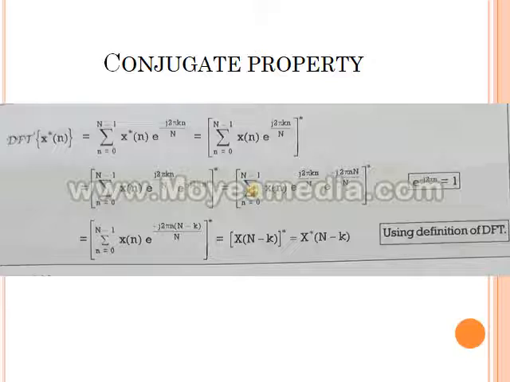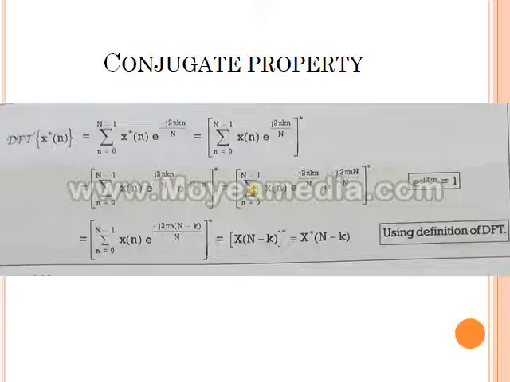Now in this case, as we have to take the DFT of the conjugate of x[n], x[n] has been replaced by x star [n] in the basic formula of the DFT.